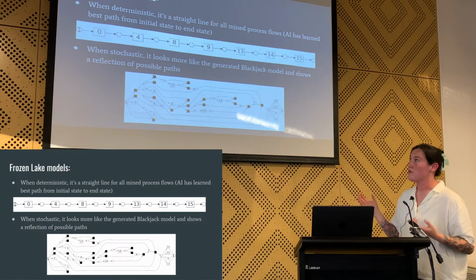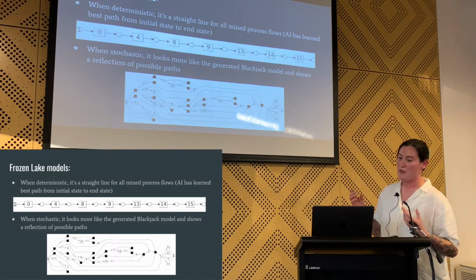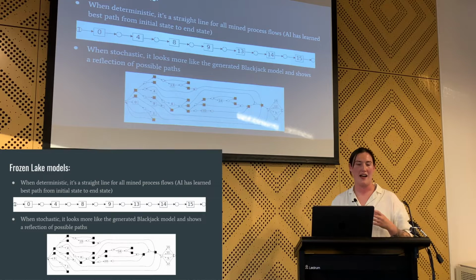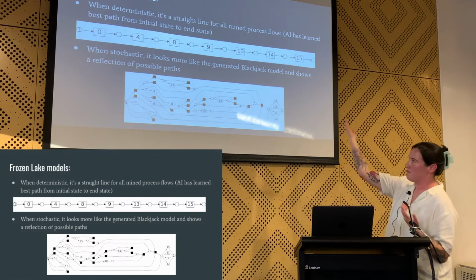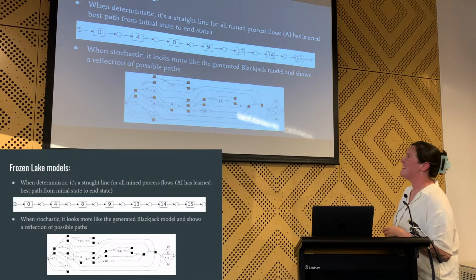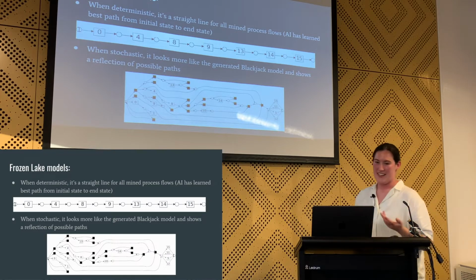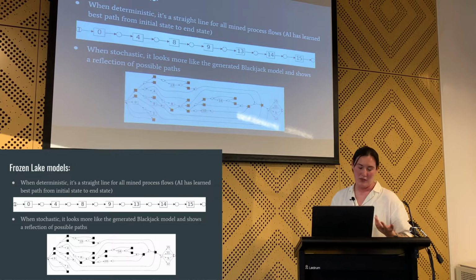Frozen lake representation was pretty simple. So for the state representation, I just used the numbers on the grid from what I showed previously, 0 through 15. There's only one best path for deterministic frozen lake, and you can see it there. All three mining algorithms generated that same graph.